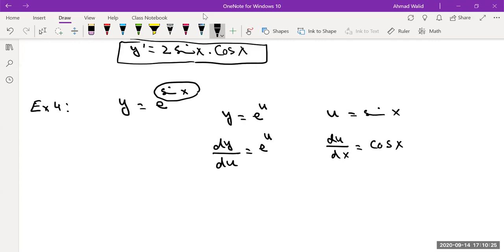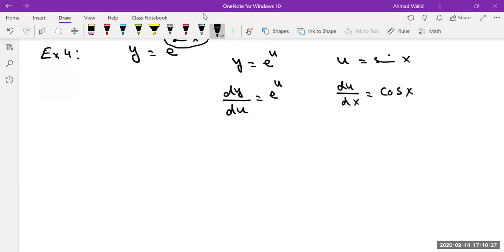Now, my formula, put the pieces together. dy over dx equals dy over du times du dx, which is equal to e to the u times cosine x.